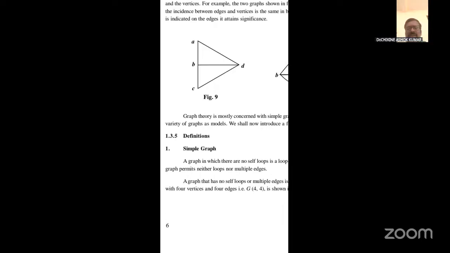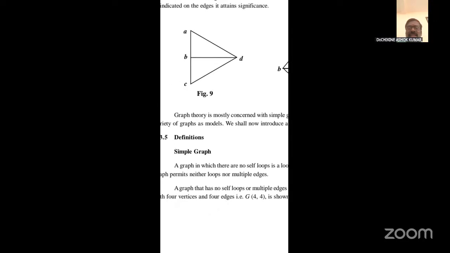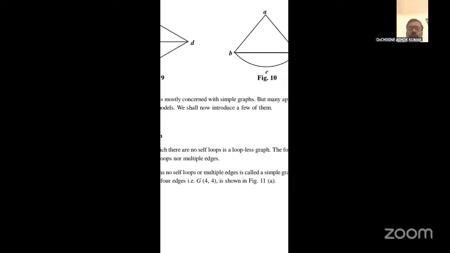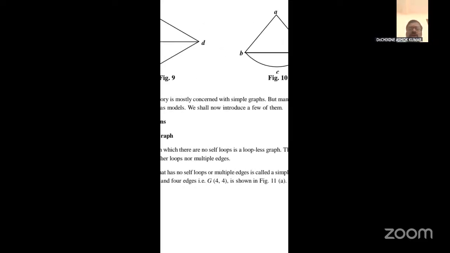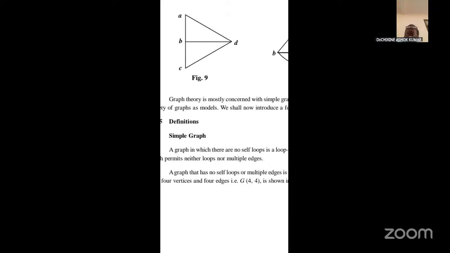A graph in which there are no self loops. Yes, this is most important. Please underline it. Yes, listen carefully. A graph in which there are no self loops is a loopless graph. The formal definition of a graph permits neither loops nor multiple edges.